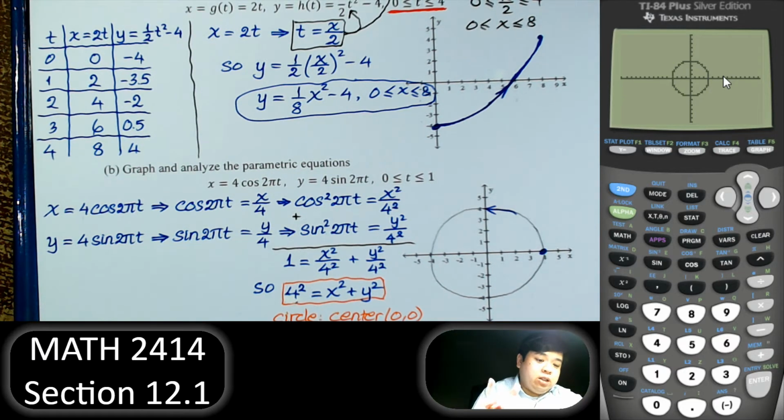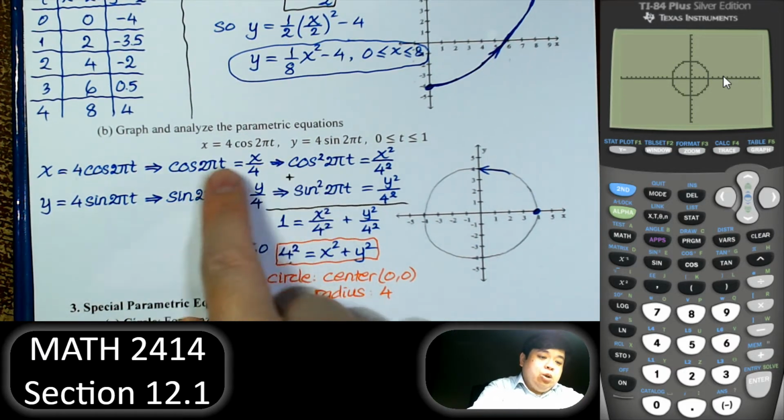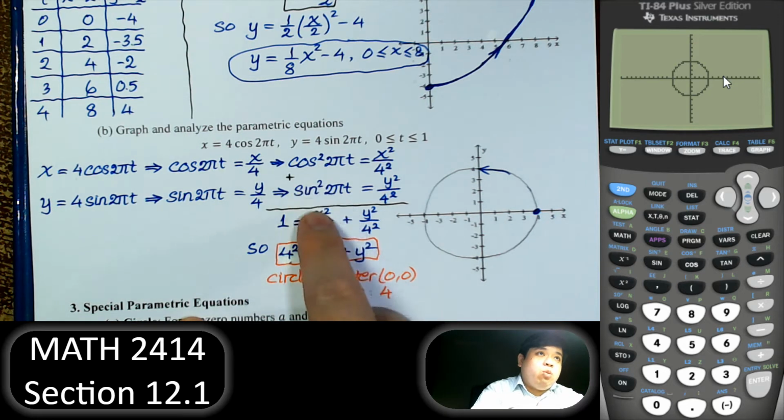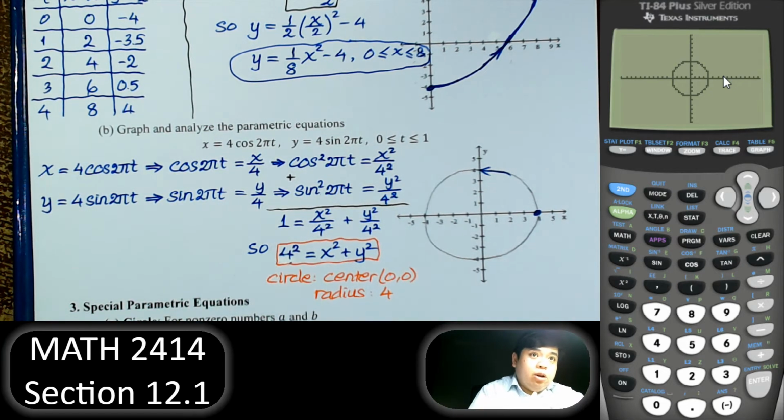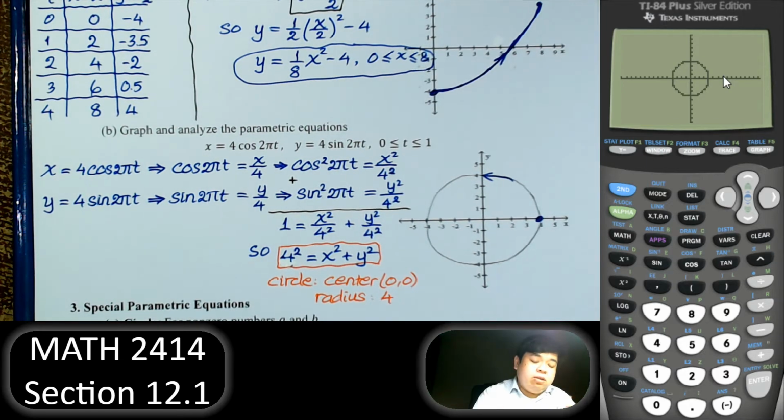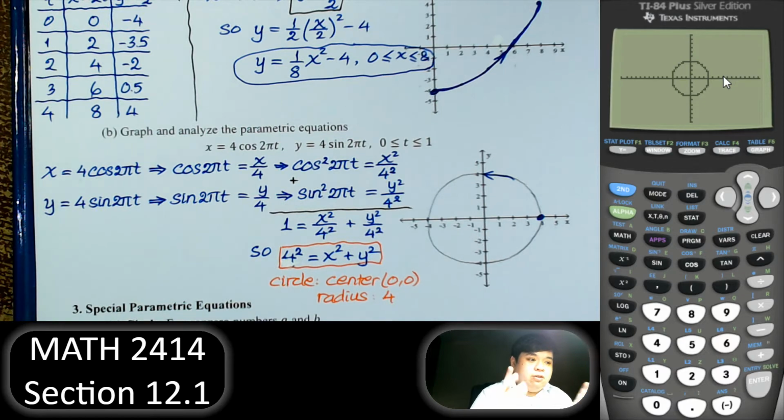Another way is using the Pythagorean identity, cosine square plus sine square equal to 1. So those are the two ways to eliminate the parameter. Then we have the equation and we can graph.